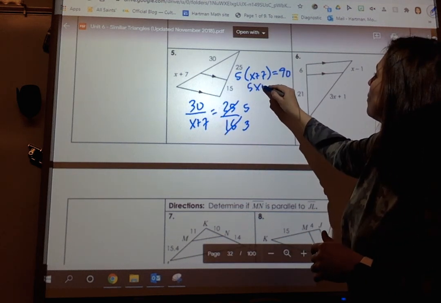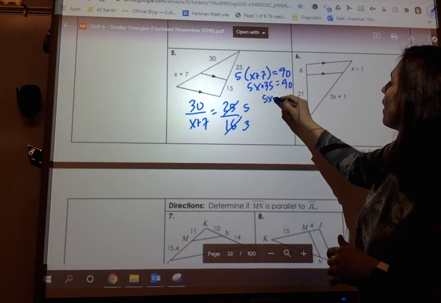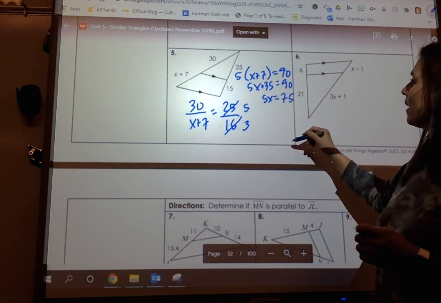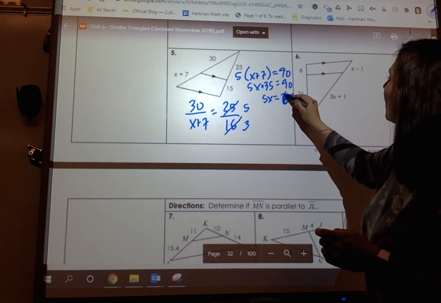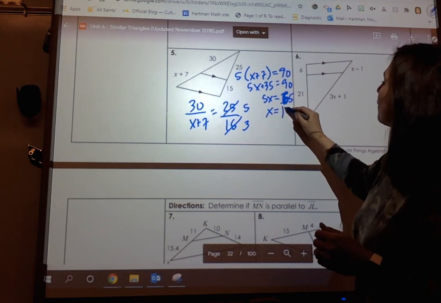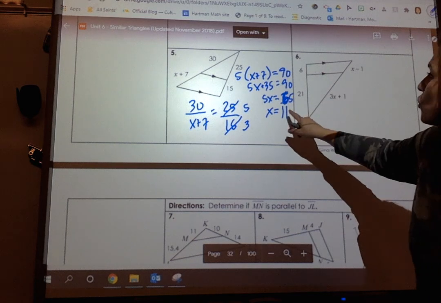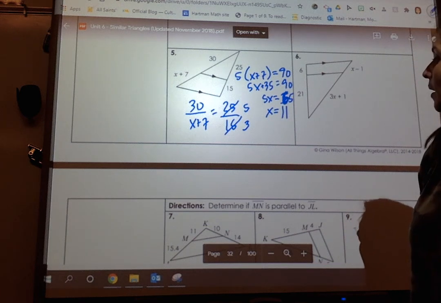Of course, I distribute and then subtract 35 on both sides, and I get... what is wrong? 55. Golly. 55, and then divide both sides by 5, and x is equal to 11. Now, keep in mind, you've got to make sure it's asking for x, not the length of a side.